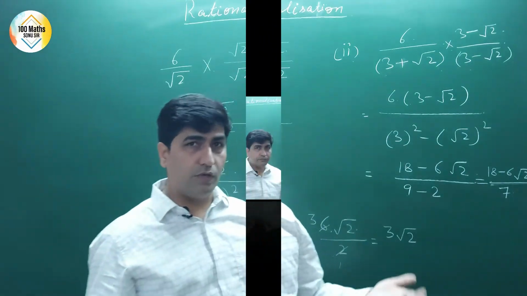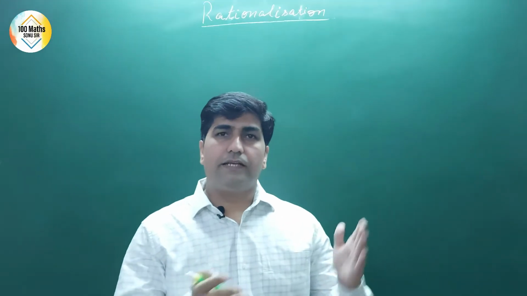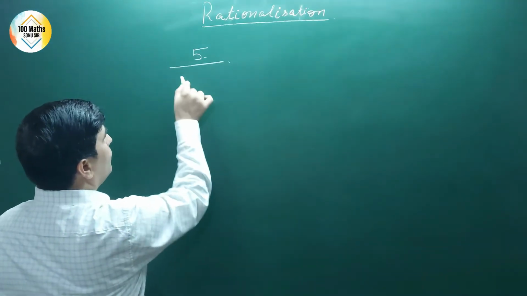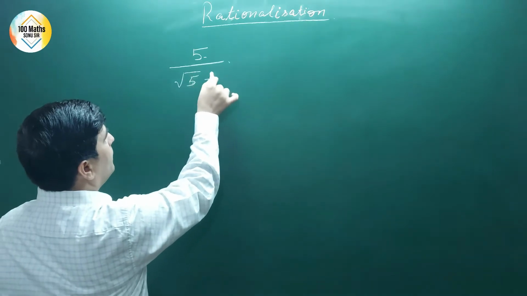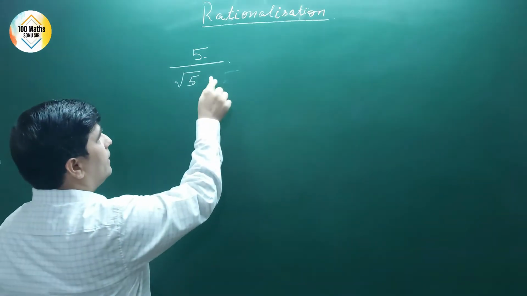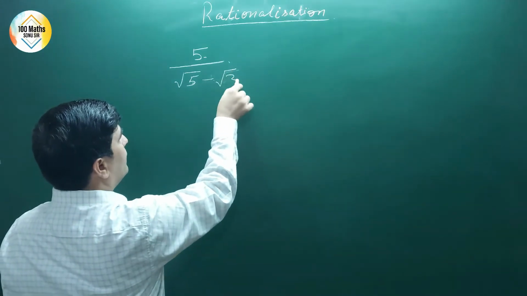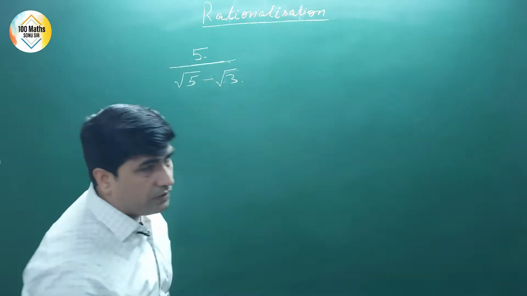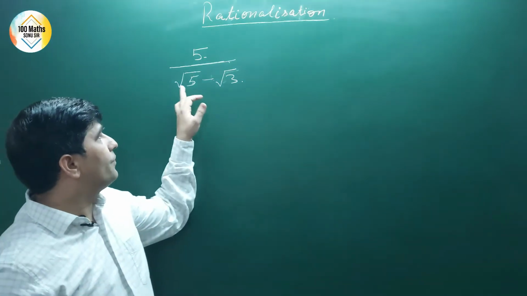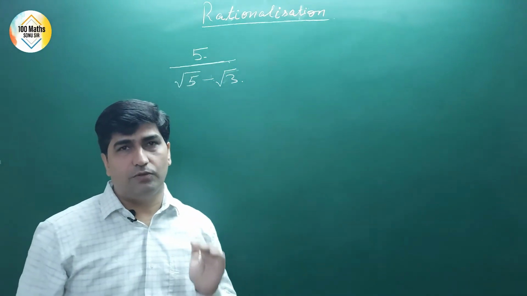We will take few more examples. Let's take another example. 5 over root 5 plus root 3, or let's say this time we are taking this minus root 3. Okay. So what should we do in this case to remove the square root sign from the denominator?